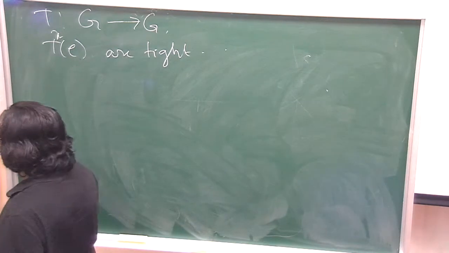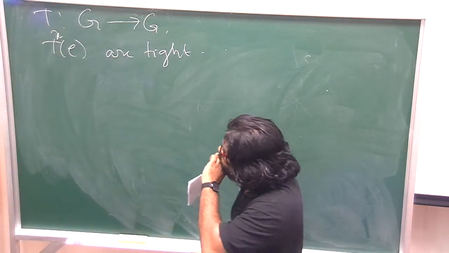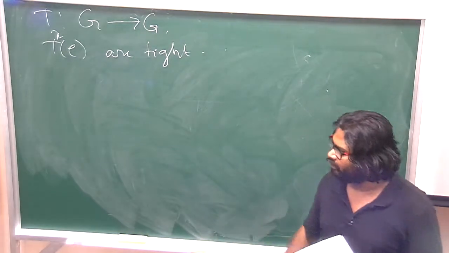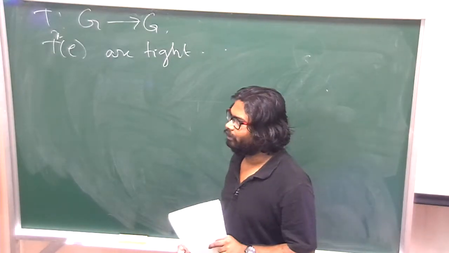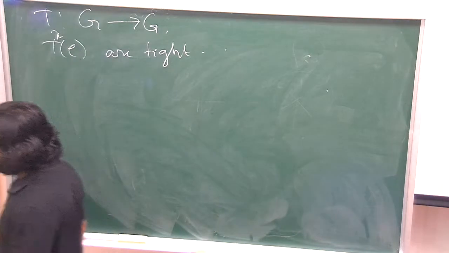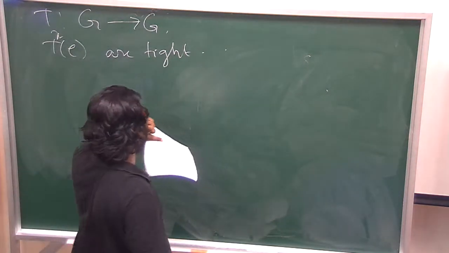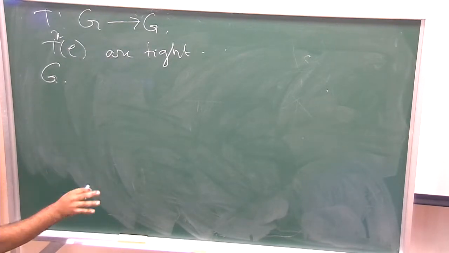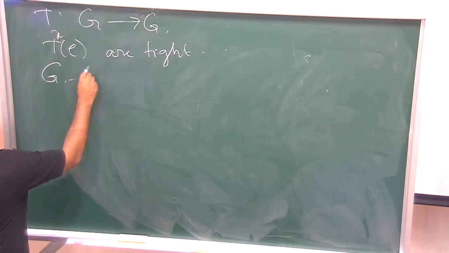Anyway, we already have defined train-track maps, but I am going to define them in a different way. It's kind of similar, but it's easy to see what is going on behind the geometry. Suppose I have a graph G, finite.